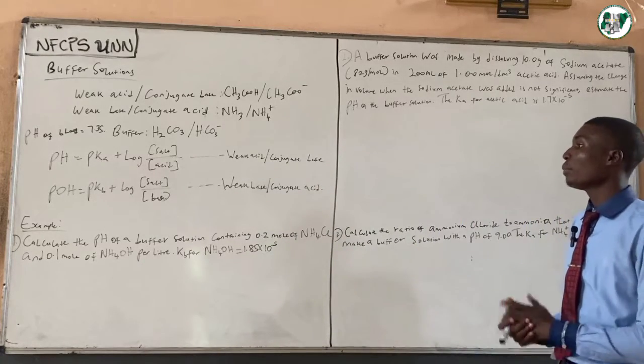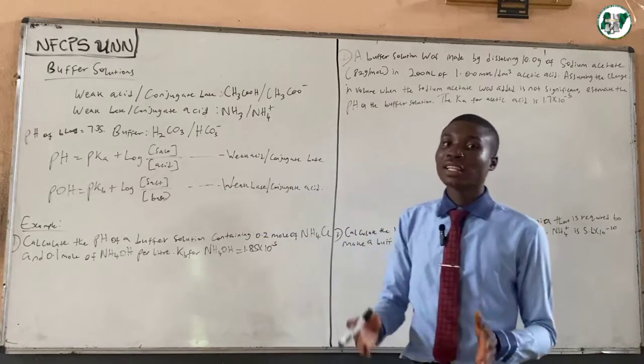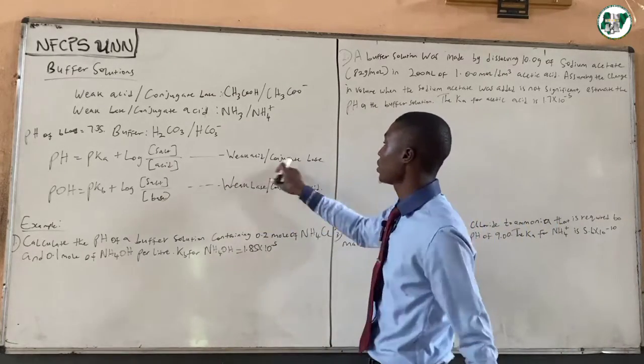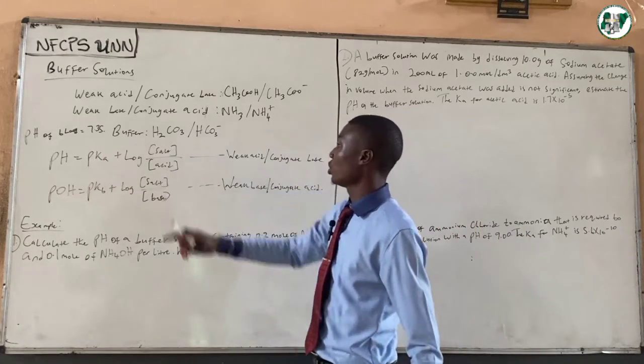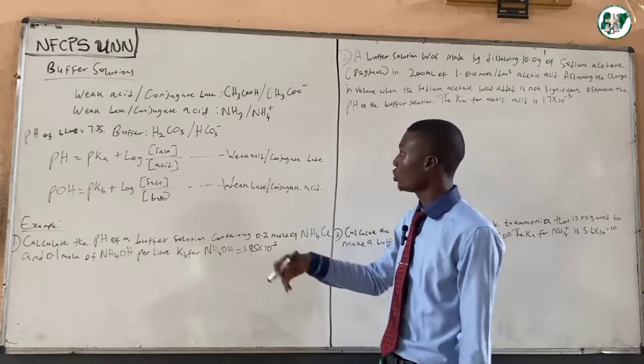To calculate the pH of buffers, there are two formulas according to the Henderson-Hasselbalch equation. The pH for a weak acid and conjugate base is equal to pKa plus log of the concentration of salt over the concentration of acid. Whenever you see square brackets in chemistry, it simply means concentration.